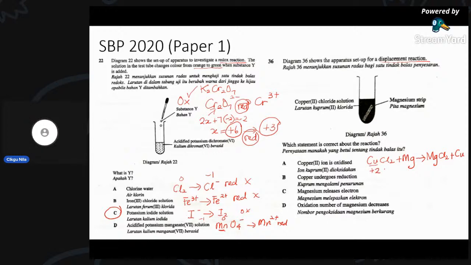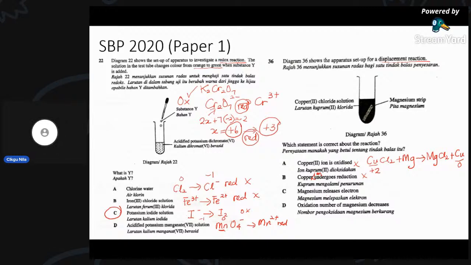So that is reduction. It is not being oxidized. B. Copper undergoes reduction. It's not copper that undergoes reduction. It's supposed to be copper ion that undergoes reduction. So also wrong.